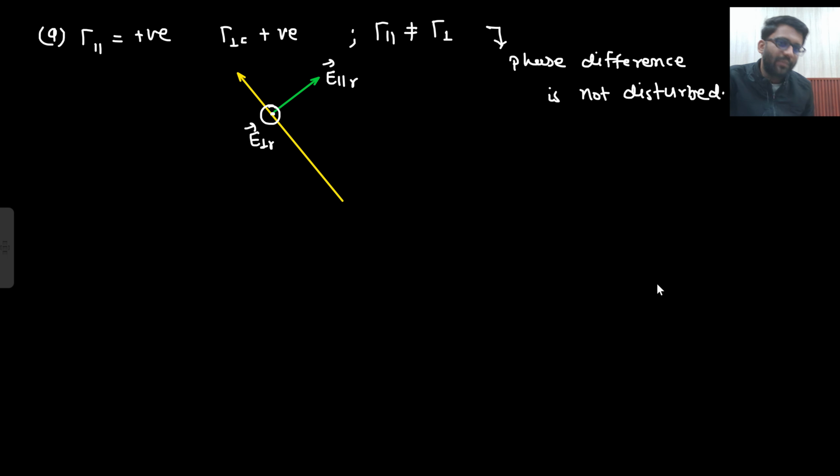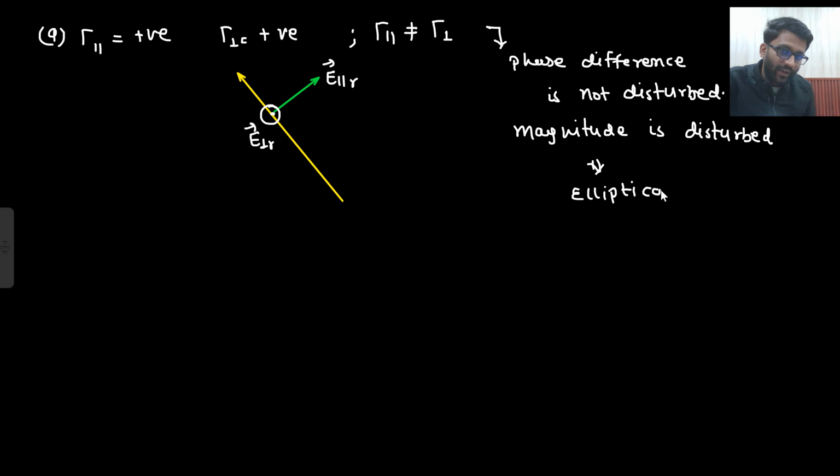Phase difference is not disturbed, but what is disturbed? Magnitude is disturbed. What does that mean? It is elliptically polarized. But left hand or right hand? For that, I need to use my hands.